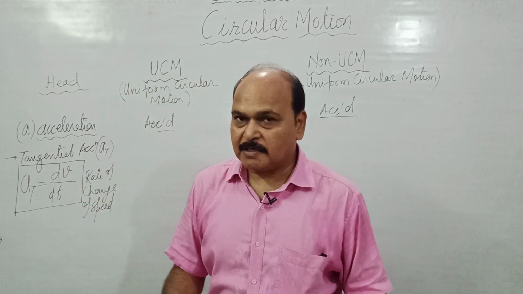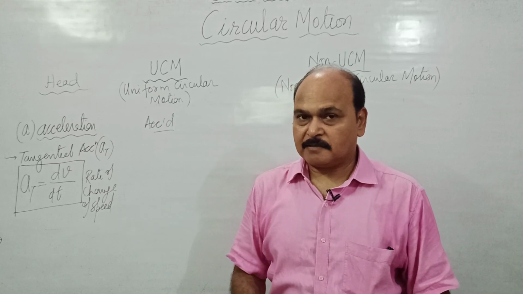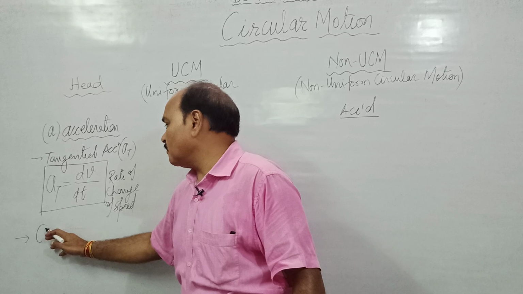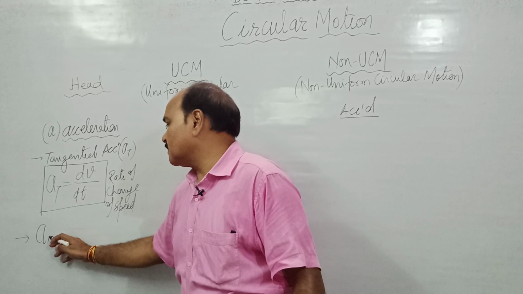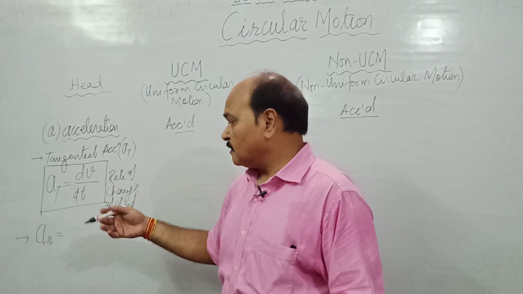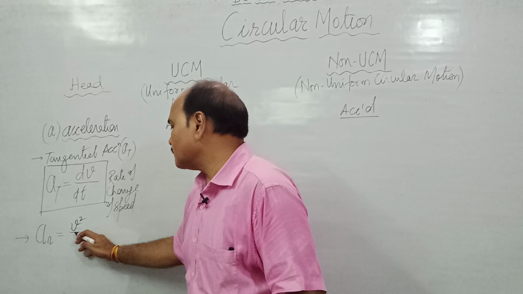The other type of acceleration is called centripetal acceleration, and we'll find out the expression for centripetal acceleration later on. The value of centripetal acceleration is v square by r.